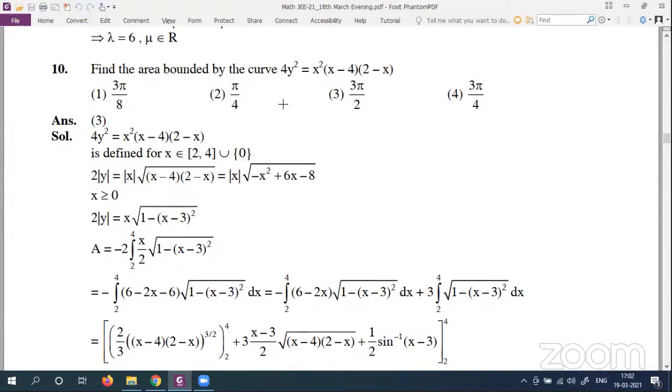So to find the area enclosed, from this you can find the value of y. So y will be x by 2 times square root of this.